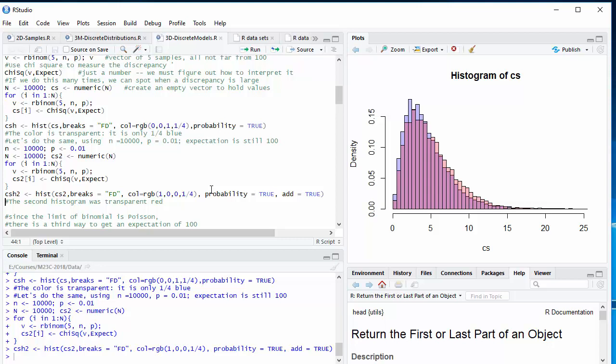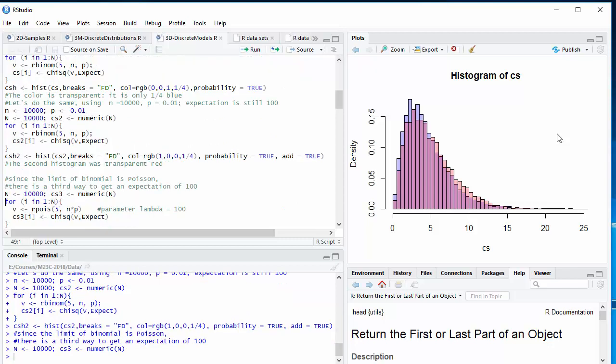How did I overlay those? Well, the second histogram was red, but it was transparent red, so that when we have blue but no red, we see it there. When we have red but no blue, we see it there. And when we have both red and blue, we see it here. This is similar to the technique for displaying two bar plots side by side, but here you can do it by overlaying the histograms.